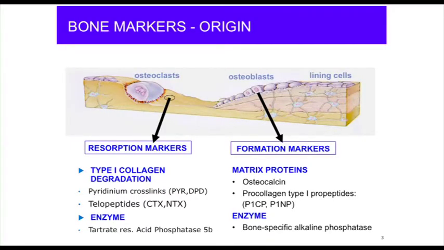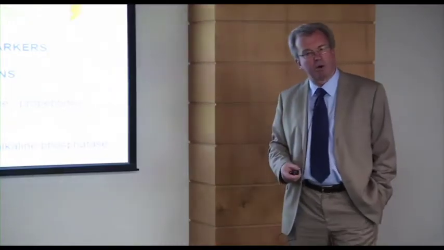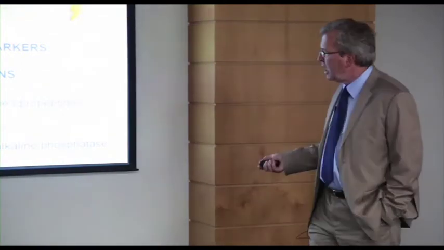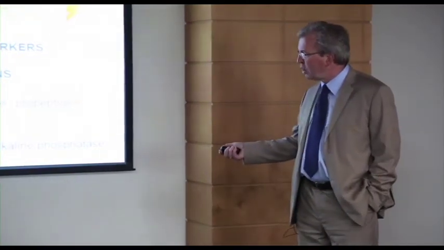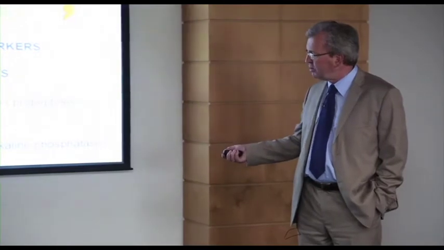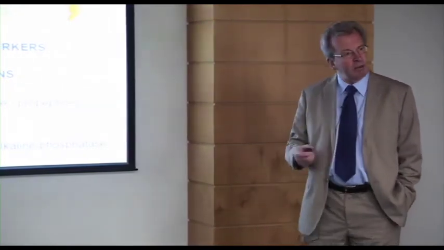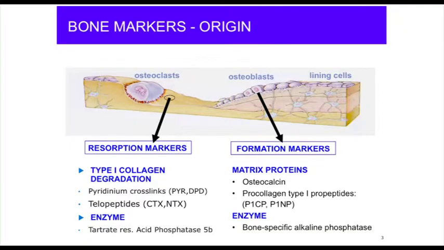And here, again, the focus internationally is on P1NP. Actually, bone-specific alkaline phosphatase is a very robust marker also, and I use it extensively. But if you had to choose one marker out of all these, it would probably be P1NP. It's the most stable marker. It can also reside on the kitchen table for a week without changing, and has a very low variability.